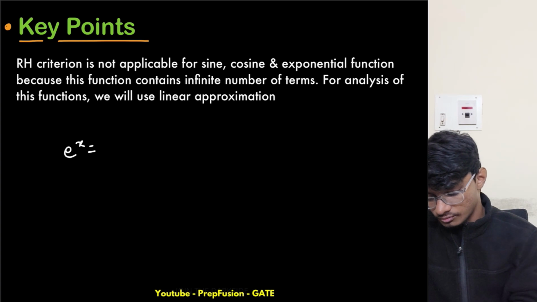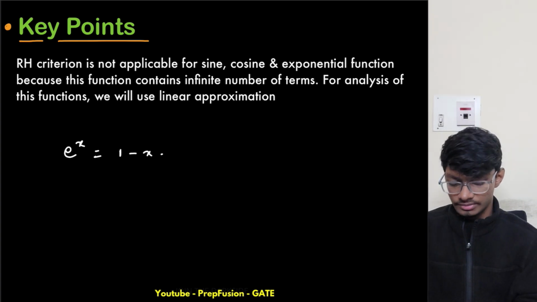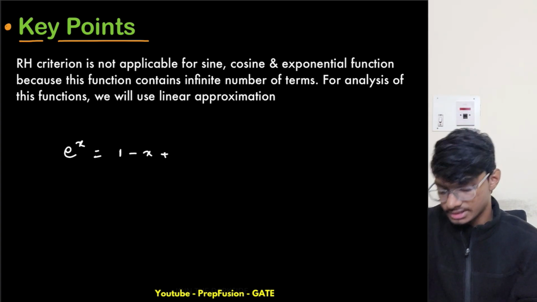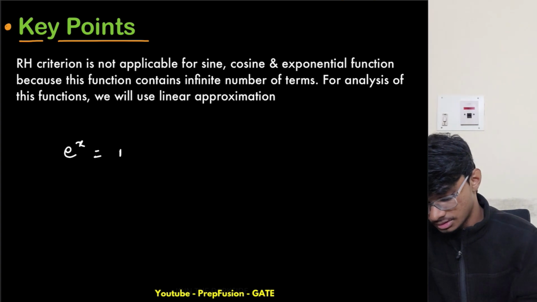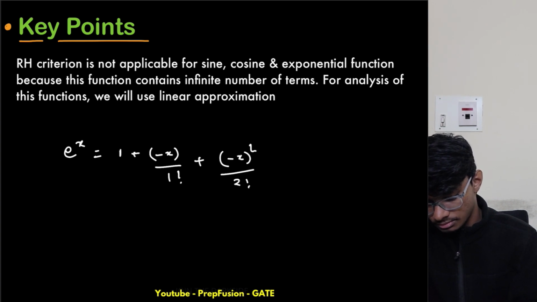So it will be 1 minus x, then it becomes plus, right? Why? Because the actual series is like this: plus into minus x divided by 1 factorial, plus into minus x whole square divided by 2 factorial, then plus into minus x whole cube divided by 3 factorial, and it will go on.